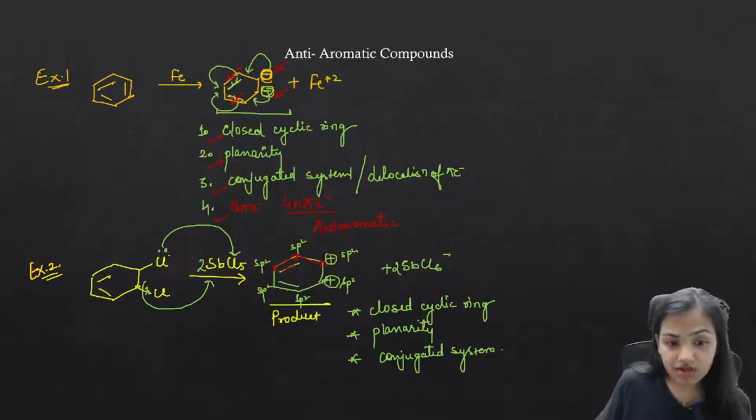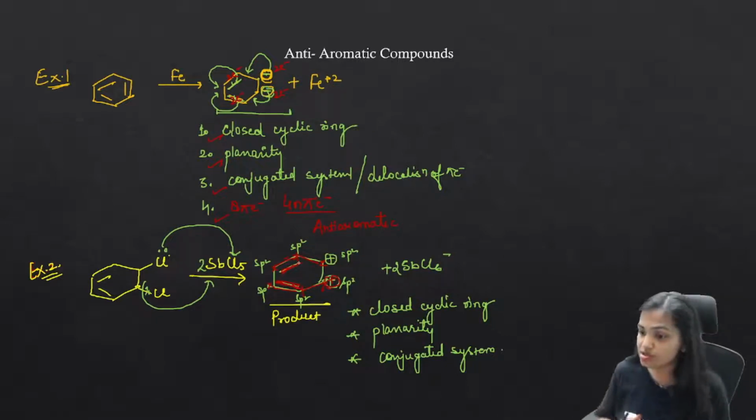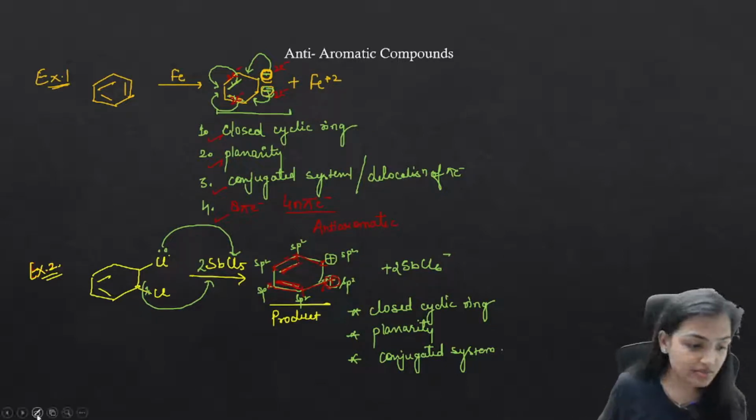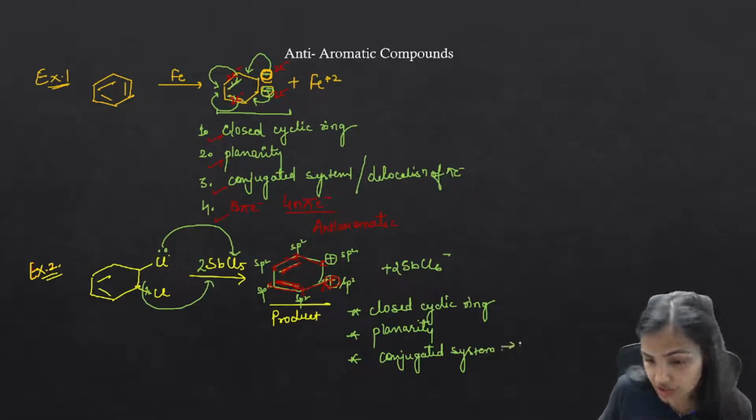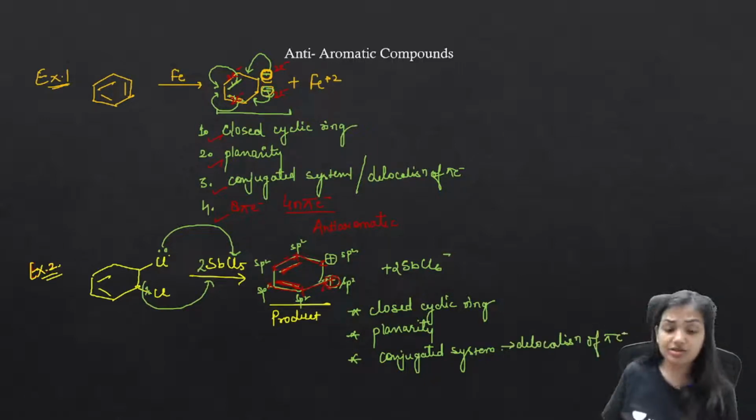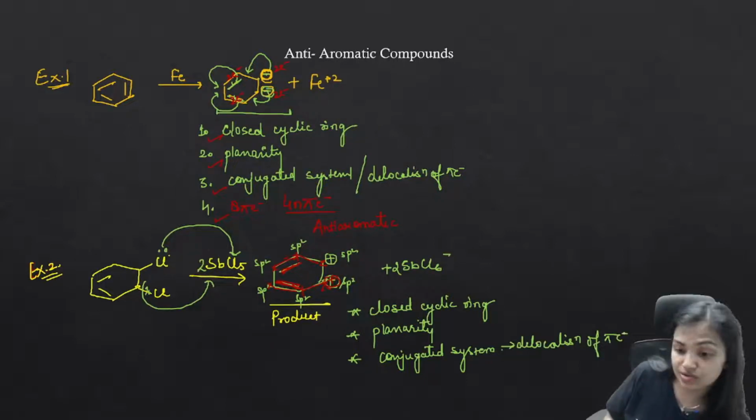X double bond Y single bond Z, this is also a part of the conjugated system, and this pi bond and this pi bond are also part of the conjugated system. So they all are part of a conjugated system. So yes, there is a possibility of delocalization. So there will be delocalization. Delocalization of what? Delocalization of pi electrons, because every carbon is a part of that conjugated system.